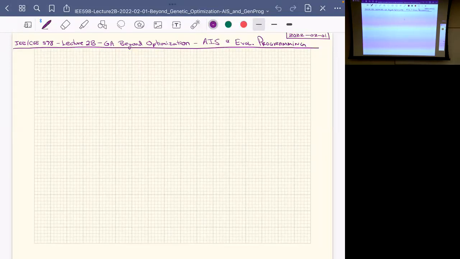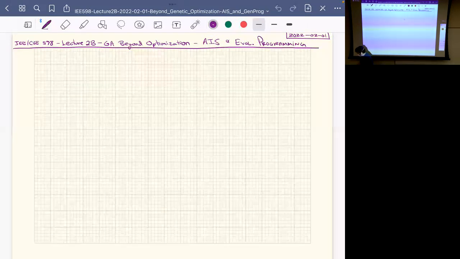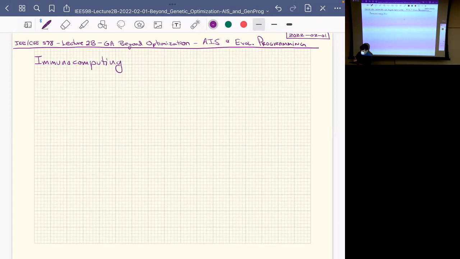All right, so we are now talking about the immune system and immunocomputing and artificial immune systems. And like I mentioned before, immunocomputing, the broader scope here, is when you look to the immune system for inspiration for algorithmic design.